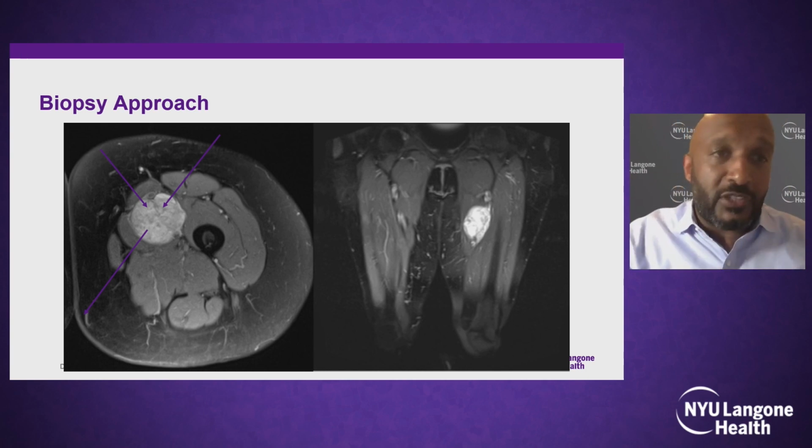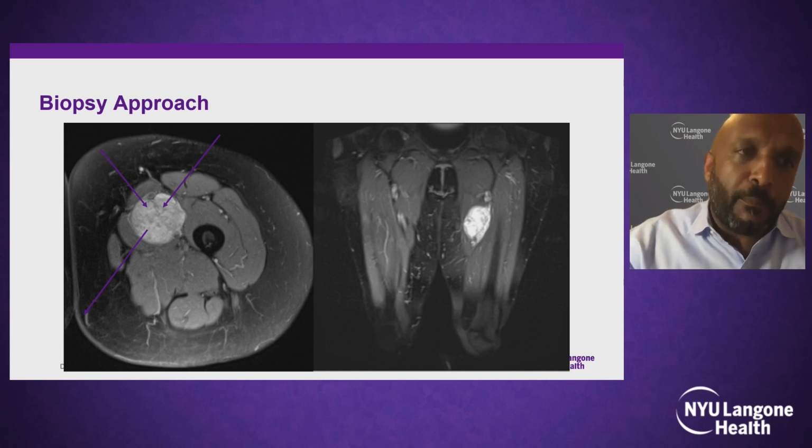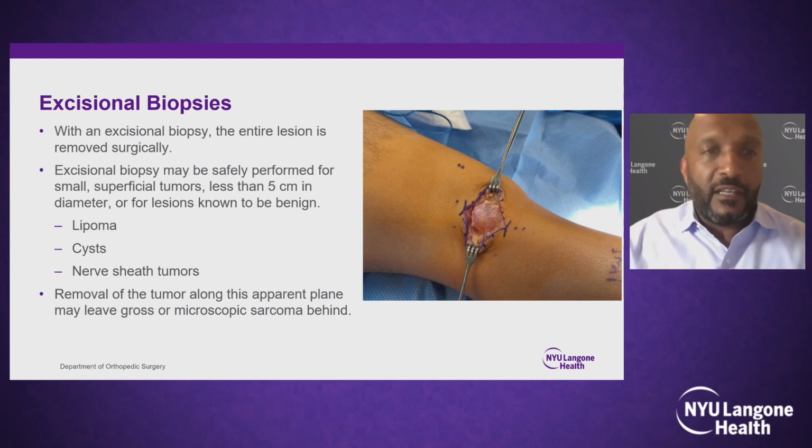And most of the time they are internervous or intramuscular. So with orthopedic oncology, we stress the importance of getting the biopsy through a single compartment, so that you have less contamination.